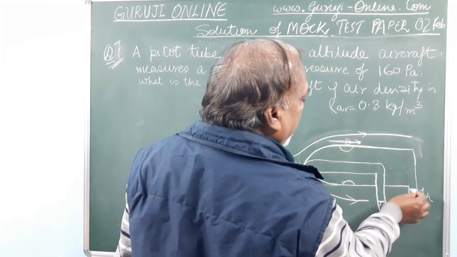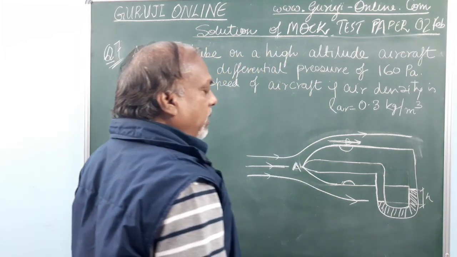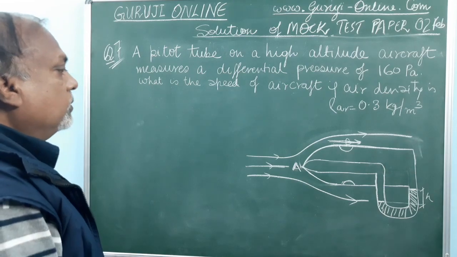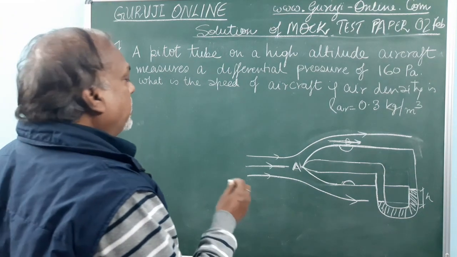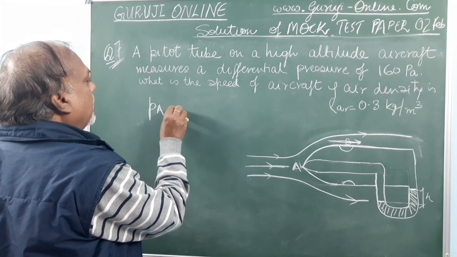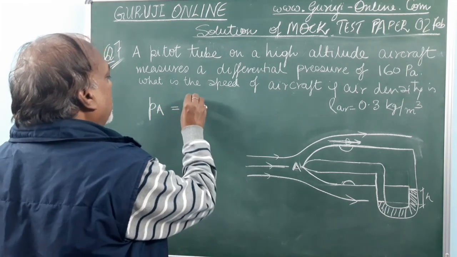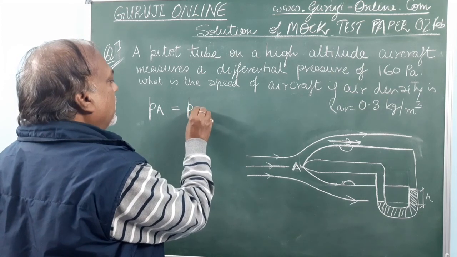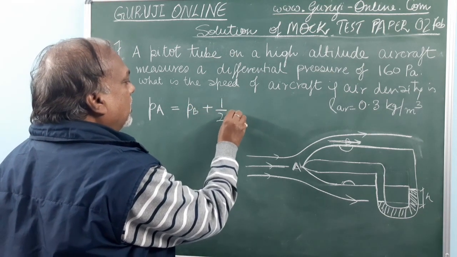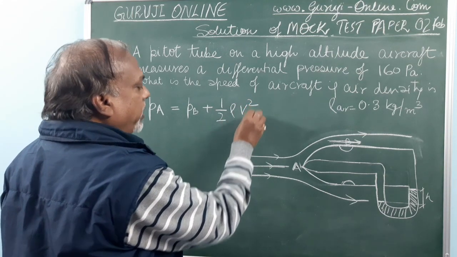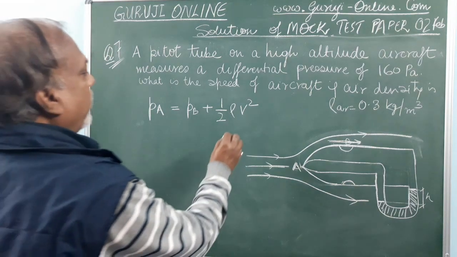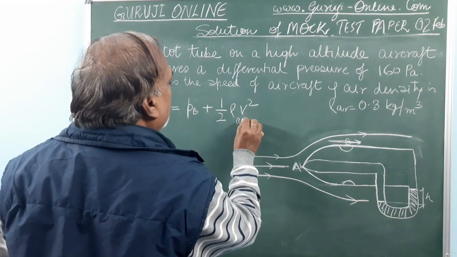You will find the difference in level here. So in this case, PA will be nothing but PB plus half rho V square. It is due to Bernoulli's theorem.